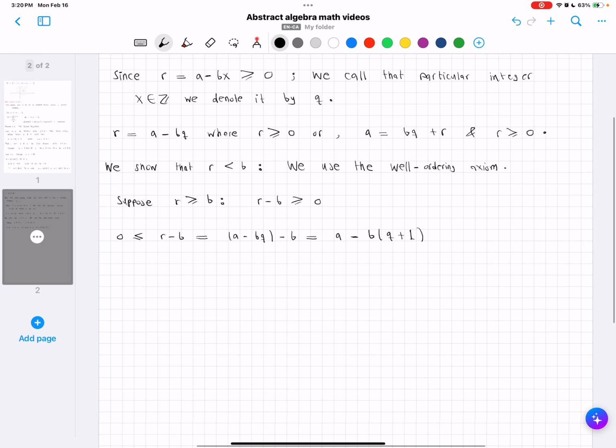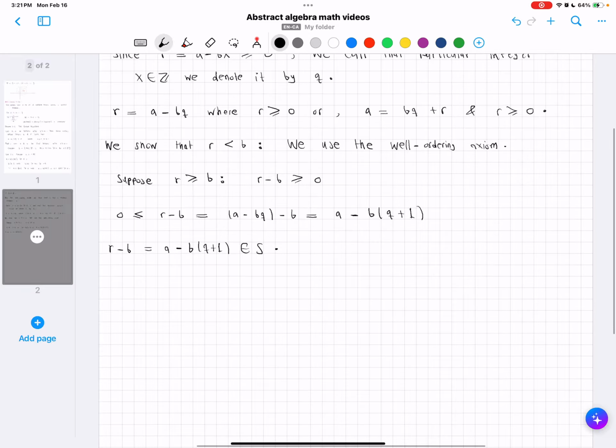So we have by definition that R minus B is positive, because that's by assumption from the fact that R is bigger than or equal to B. So then that means that R minus B, as it is of the form A minus Bx, is an element of S. So R minus B, which is A minus B times Q plus 1, is an element of S.